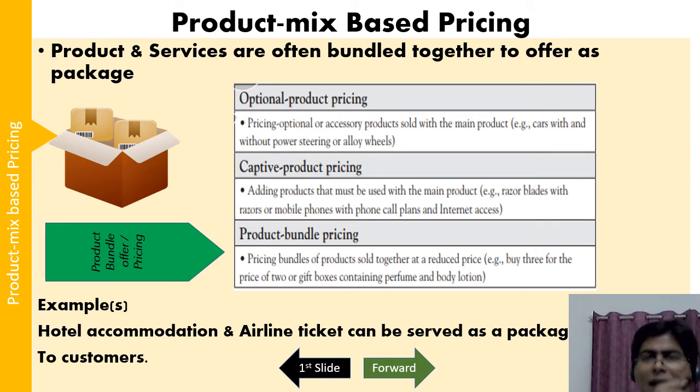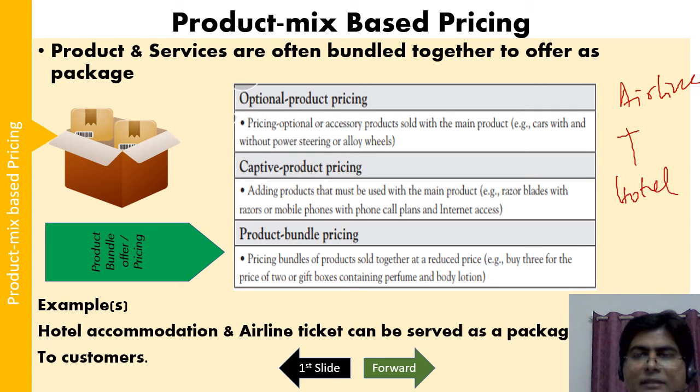Another thing is product mix based pricing. In this, you can take two or three products and services together, create a package, and give a suitable price to your customers. For example, you only sell airline tickets. Now you club hotel accommodation with that.